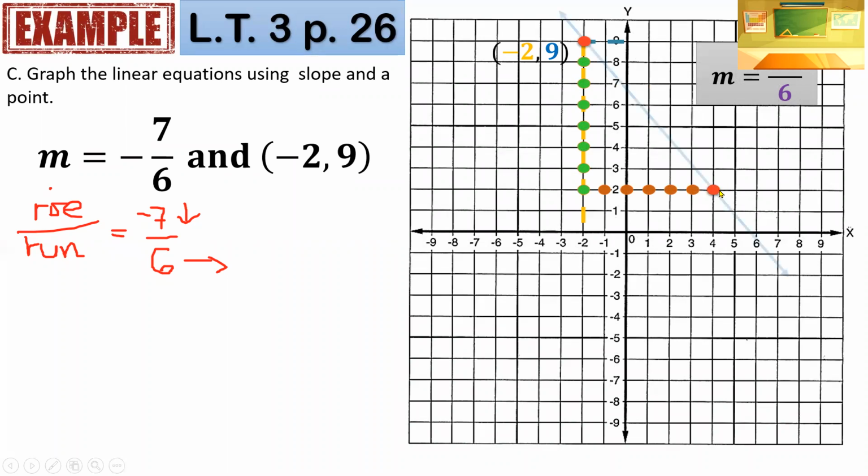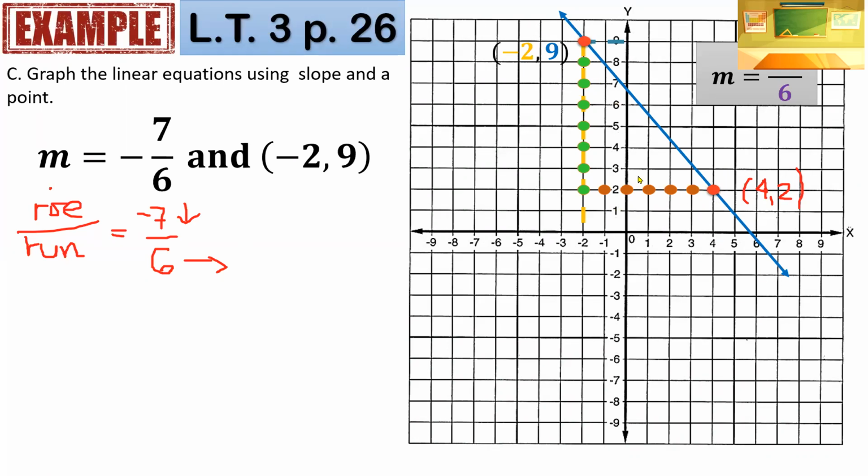Okay po? Connect nyo lang. Ang coordinates nito, class, ay, wait lang nga, nakalimutan ko lagyan. Ito ay sa x, siya ay 4. Sa y, siya ay 2. So, yun ang coordinates niyan, (4, 2). Okay po? Ito ang line natin.